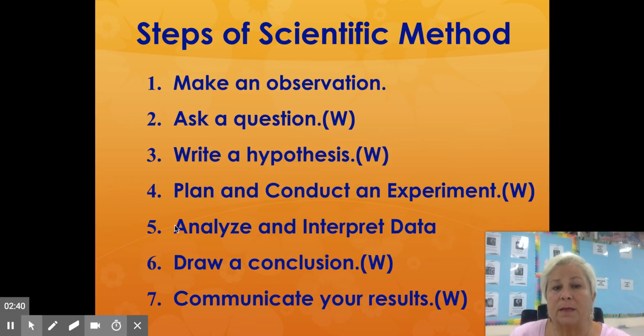And 7 is to communicate your results. You want to let other people know about your experiment, what you discovered, what your data said, things like that. Now we're going to go through each one of these steps individually, so don't worry if you don't understand what they are now. You will, okay?